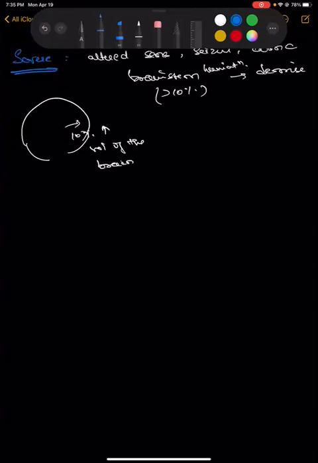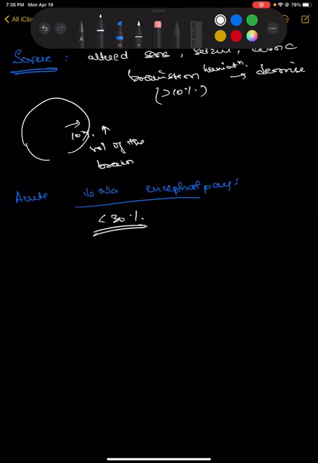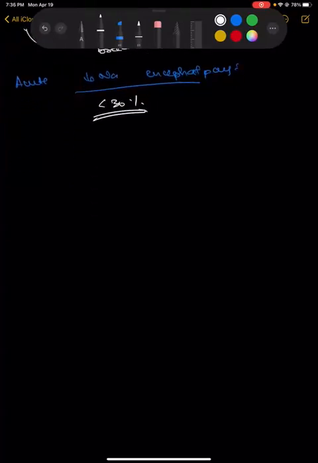We have a term called acute hyponatremic encephalopathy, which constitutes all of these symptoms that I mentioned in severe hyponatremia. Once the patient goes into acute hyponatremic encephalopathy, the chance that the patient will recover is less than 30%, so there is a very good chance we might lose the patient.